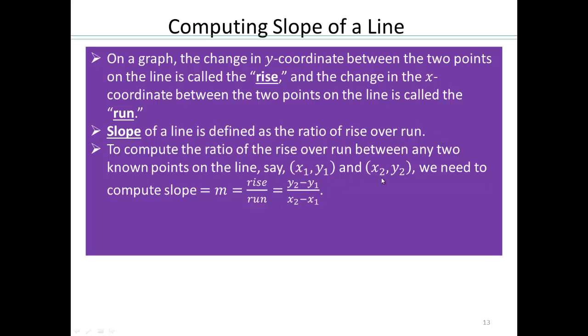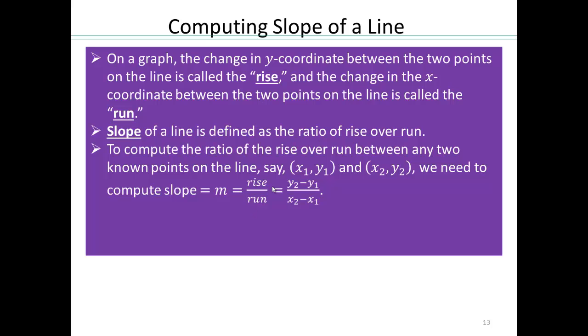Now, how do you compute that when you're given actual coordinates? When you want to refer to arbitrary coordinates, first coordinate, second coordinate: x1 refers to the x coordinate of the first point. y1 is the y coordinate of the first point. x2 refers to the x coordinate of the second point. y2 refers to the y coordinate of the second point.